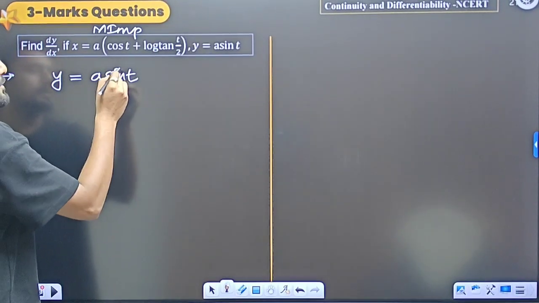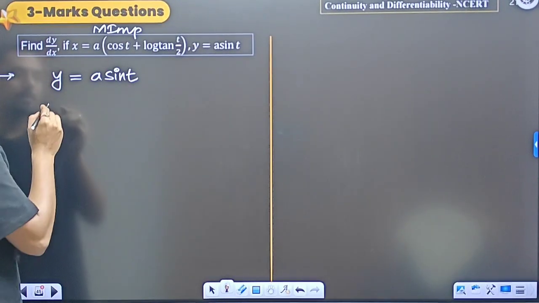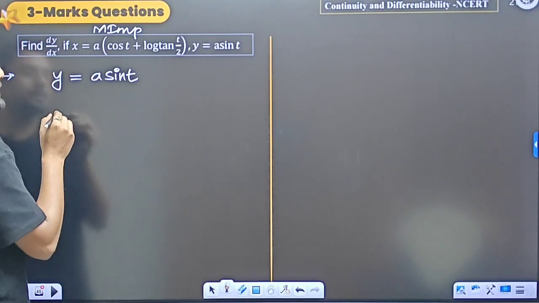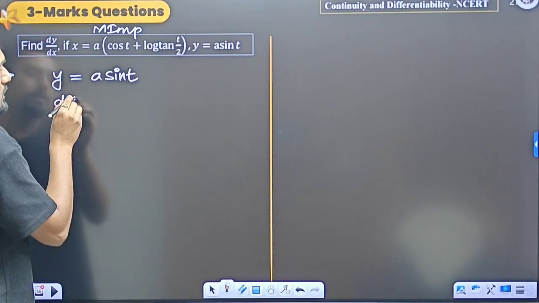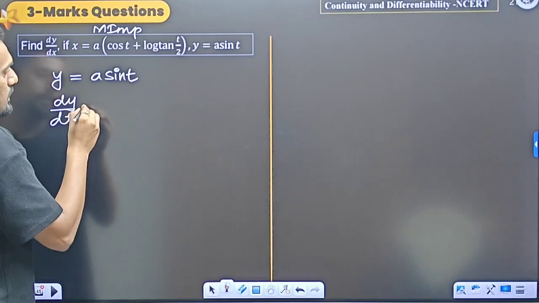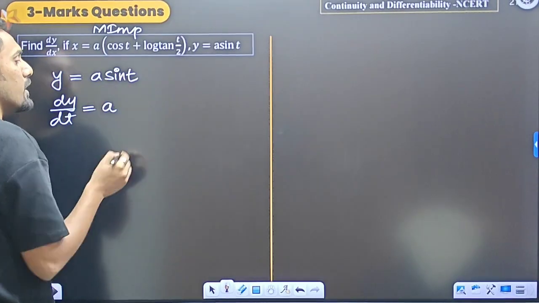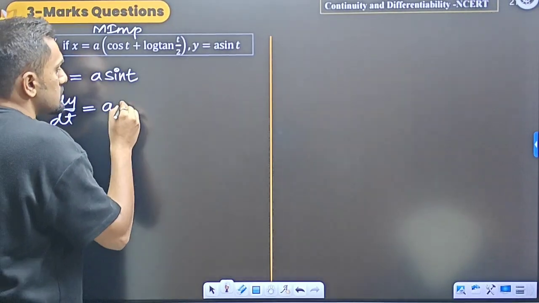Then the third parameter is t, so we have to differentiate this function with respect to t. Then dy by dt is equal to the derivative of sin t with respect to t, which is cos t.